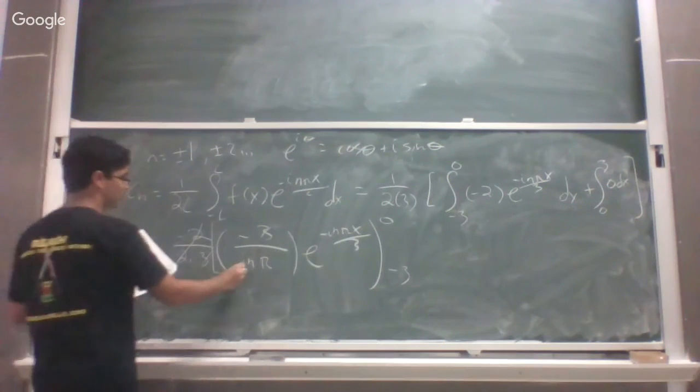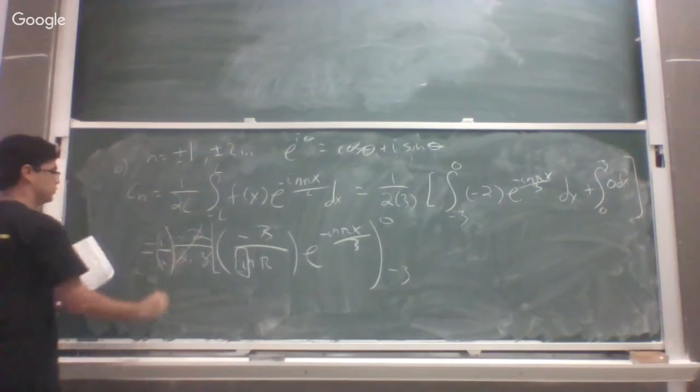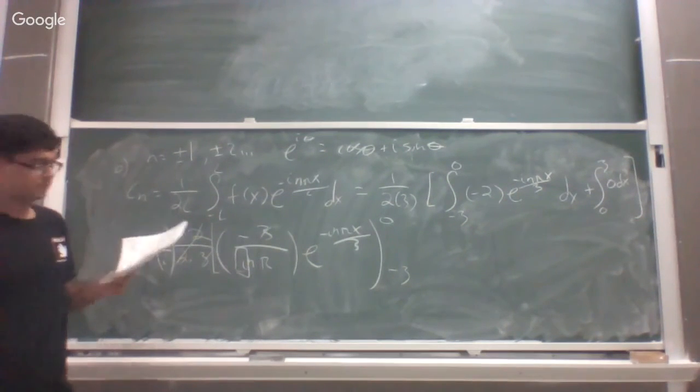And we have an I in the denominator, so they like to multiply by I over I to get I in the numerator.